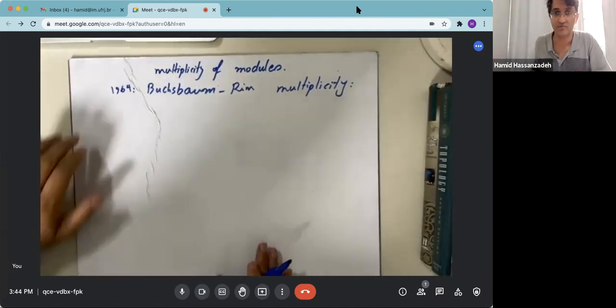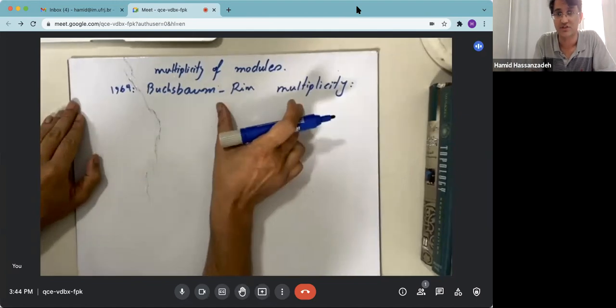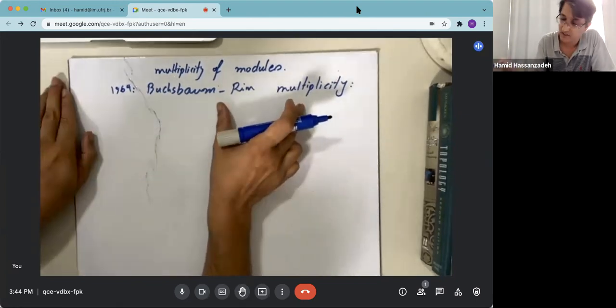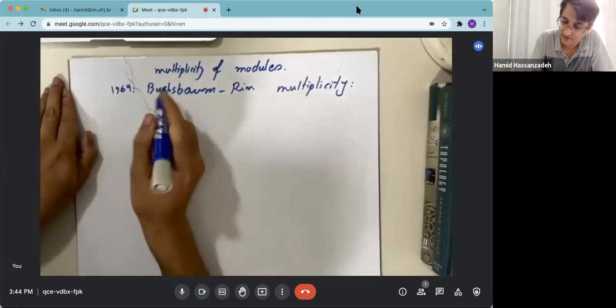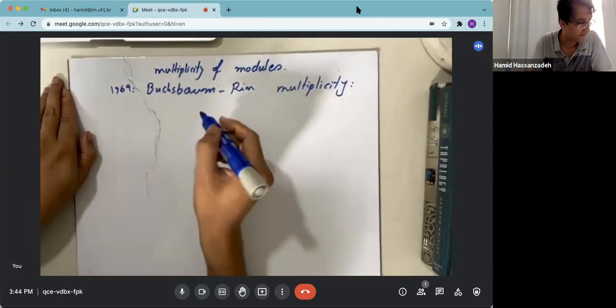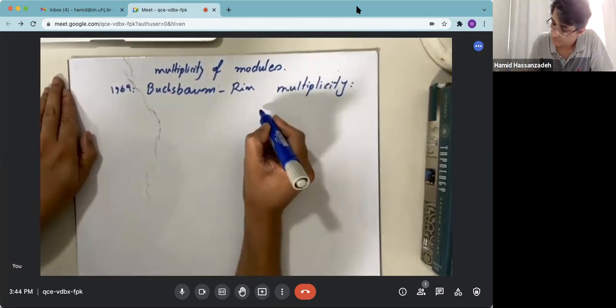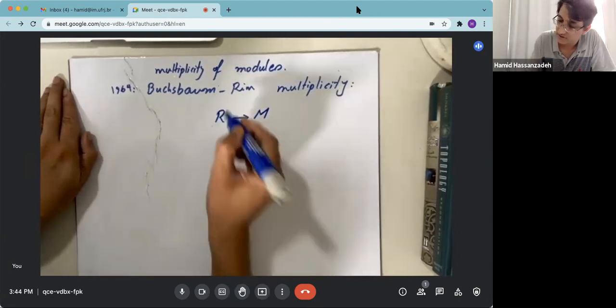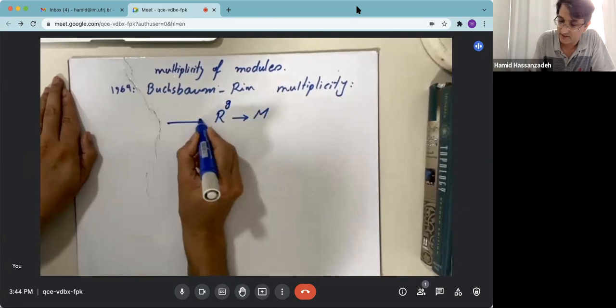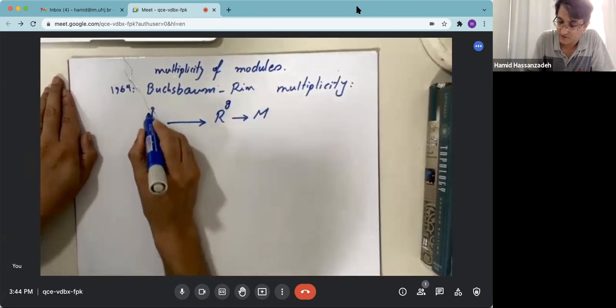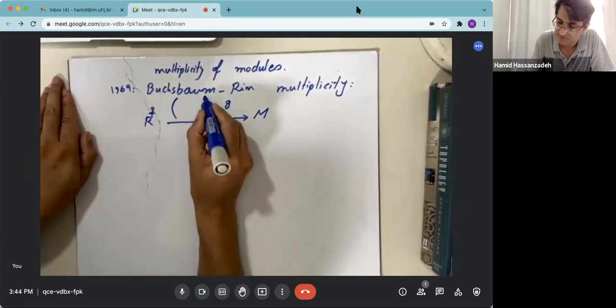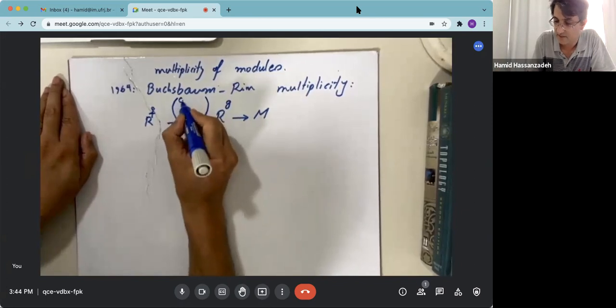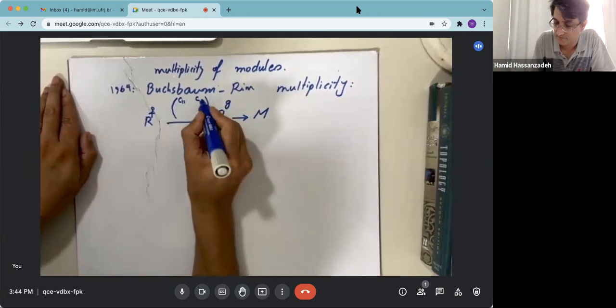I think it won't be bad if I just recall the definition of the Buchsbaum-Rim multiplicity, right? So the idea is the following. You have a module M generated by g elements and related by f elements. So this module is presented by a g by f matrix.